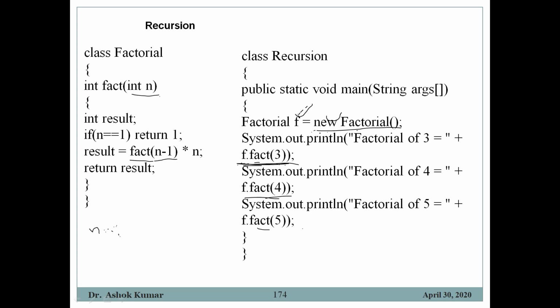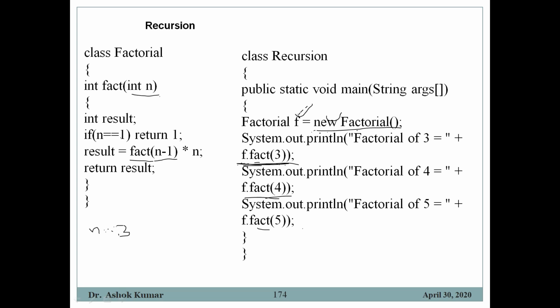After that, it will check if n is equal to 1. In case of a recursive function, there should be testing of the base criteria. A base criterion is the condition that, when it becomes true, the recursive function stops calling itself.